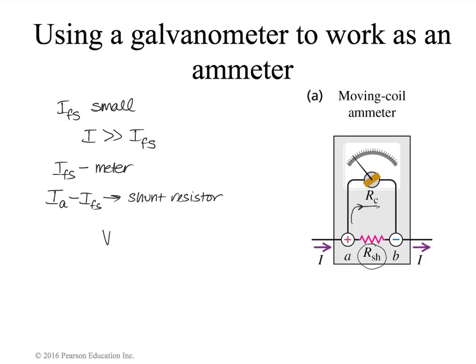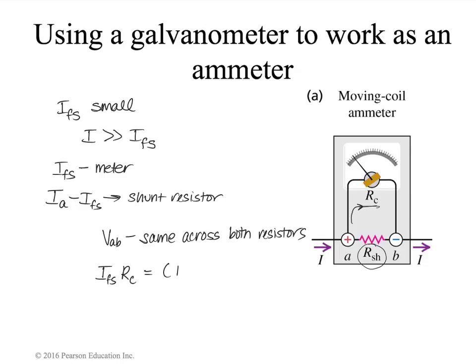Because of the fact that the potential difference across both resistors, the resistor of the coil and the resistance of the shunt resistor, because they're in parallel, they'll have the same potential difference across each of them. And so we could say the potential difference across the coil would be IFS times the resistance of the coil.